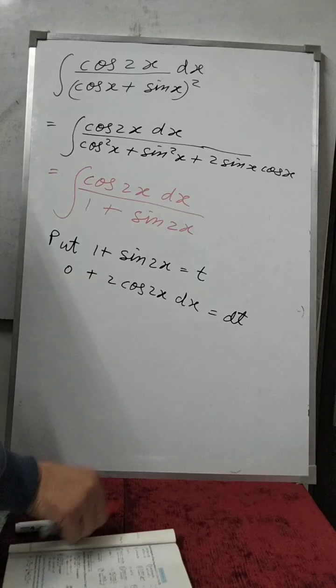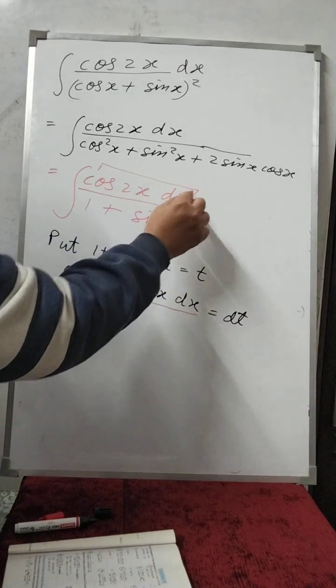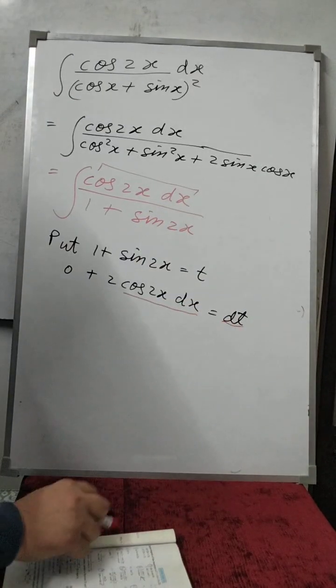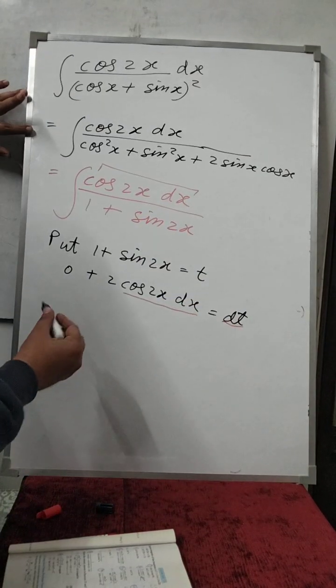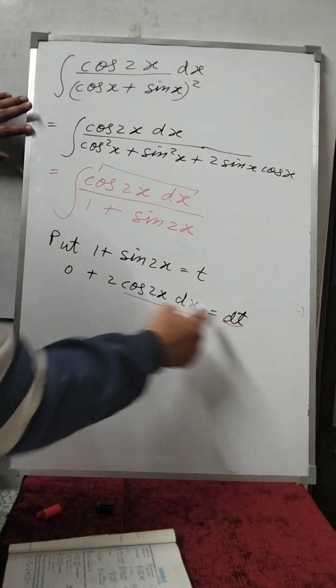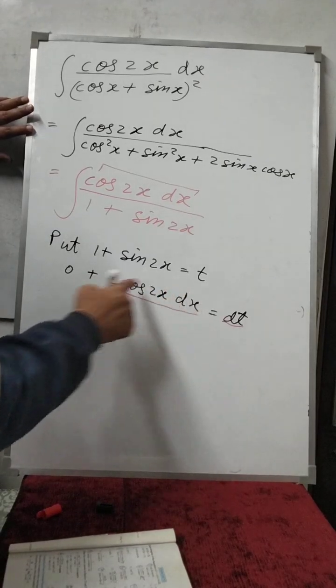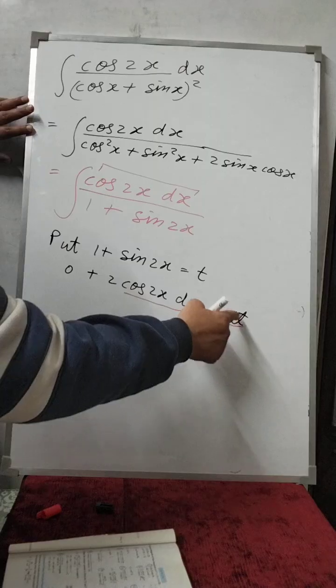So what I can see, here I have cos 2x dx, so this will become dt by 2. Here I have 2 also, so cos 2x dx will be dt by 2.